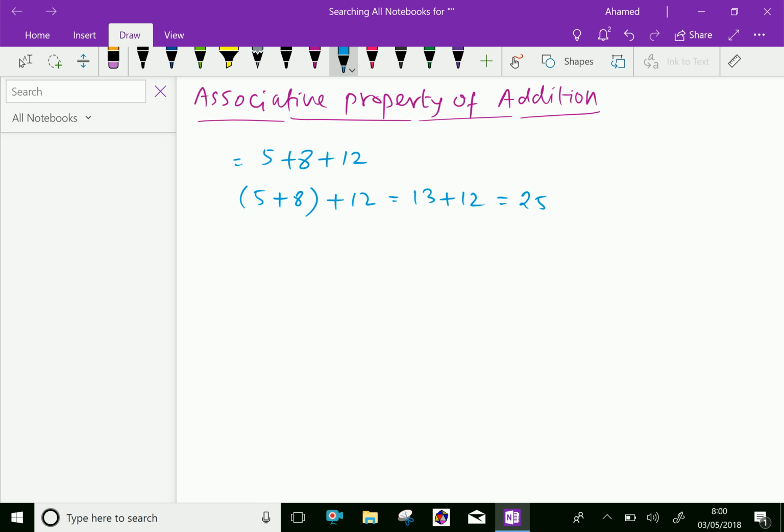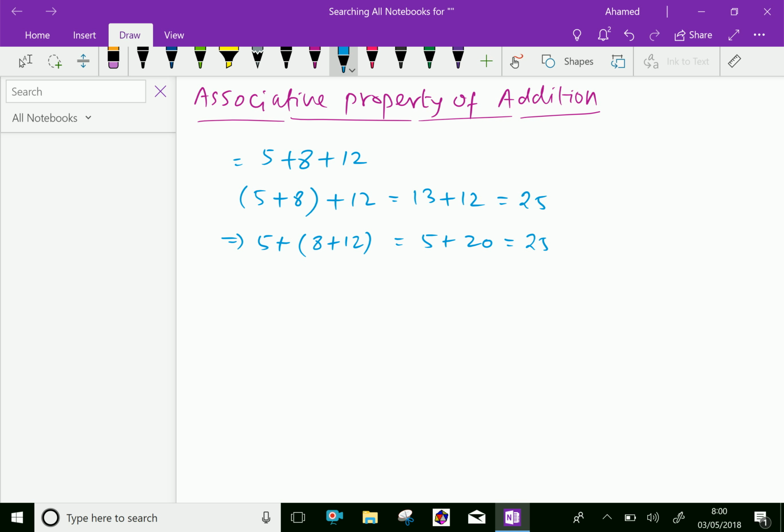Now, to change the order of the addition, we use 5 plus the group 8 plus 12, the second and third numbers grouped, which is 5 plus, inside the bracket, 8 plus 12 is 20. Now 5 plus 20 is 25.